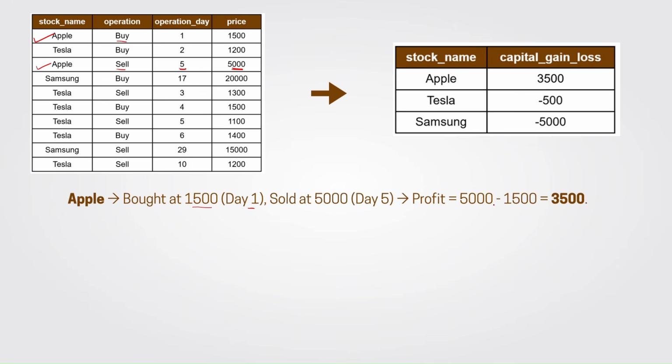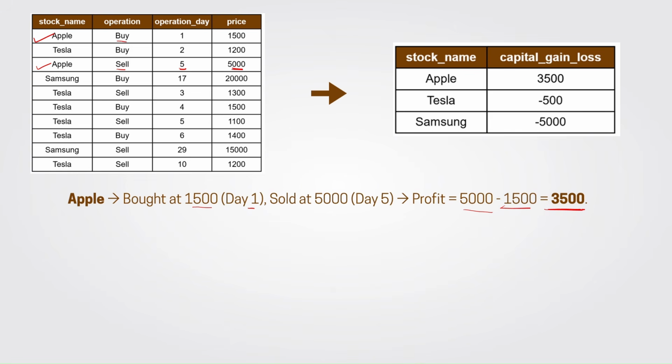So basically here the profit would be calculated as 5000 minus 1500, and it will give us 3500. And in the remaining rows we don't have anything regarding Apple. So we have the profit of 3500 for the stock name Apple.